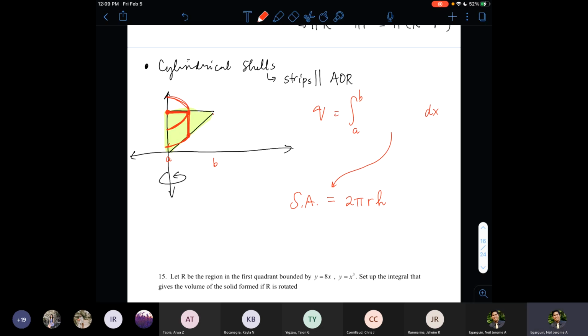And if you consider a different vertical strip, then you will get another cylindrical shell, right? But this tells us something, that the solid is formed by infinitely many concentric cylindrical shells.